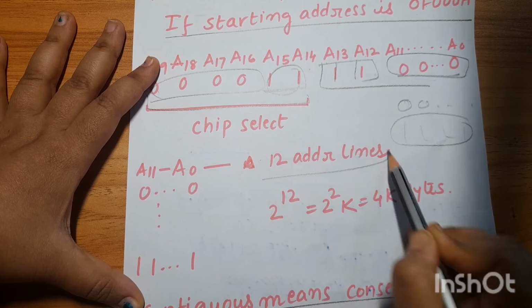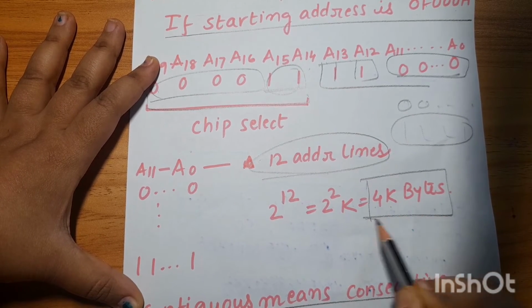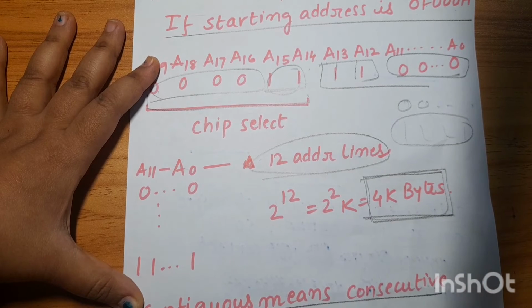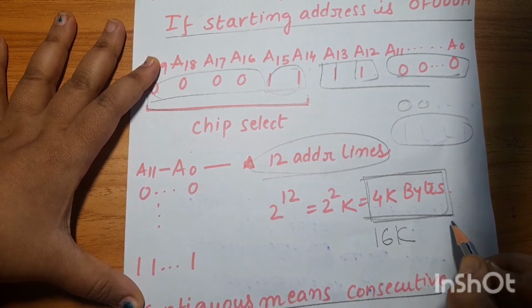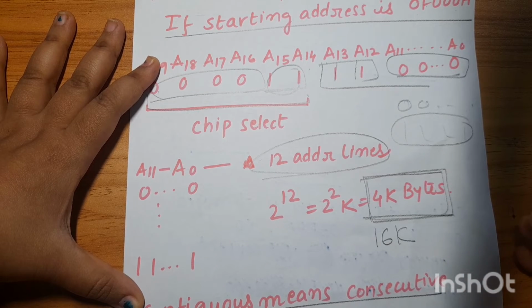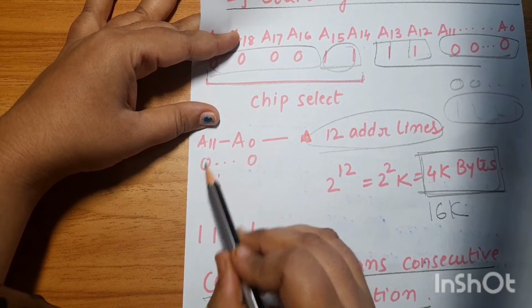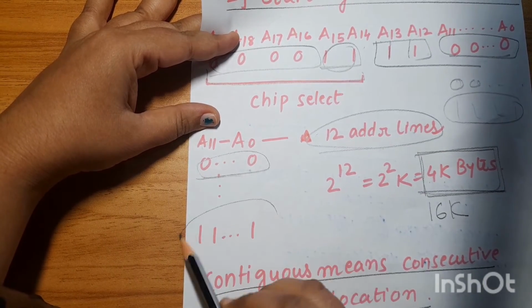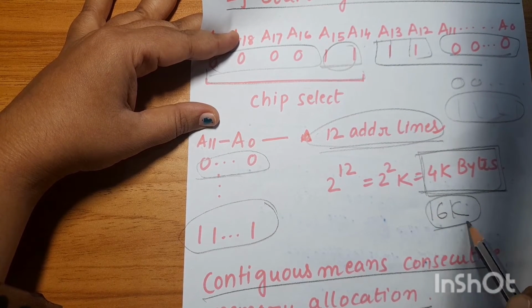That is 12 bits. So at a go, it can address only 4 kilobytes of consecutive memory allocation. It cannot address 16K of consecutive memory allocation. It would be non-contiguous then. A0 to A11 can take values from all zeros to all ones. That is 12 address lines, 4 kilobytes, but not 16K.